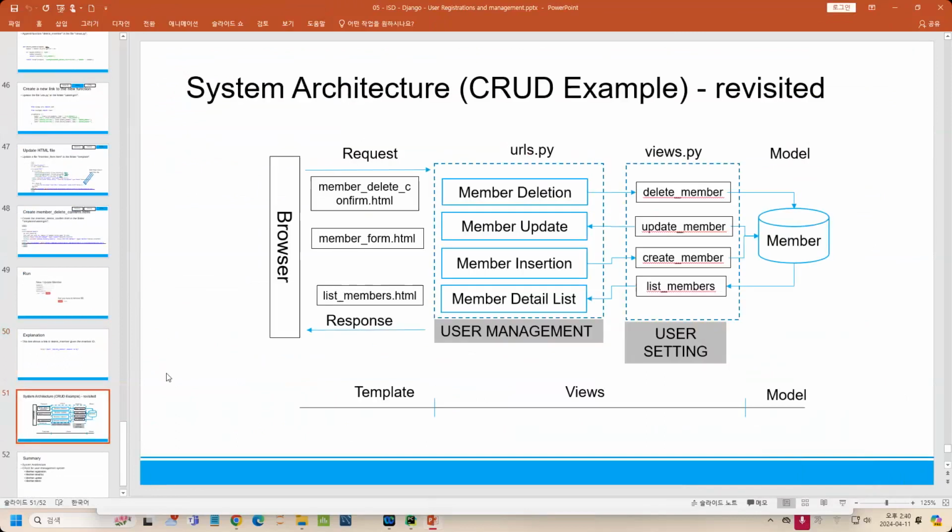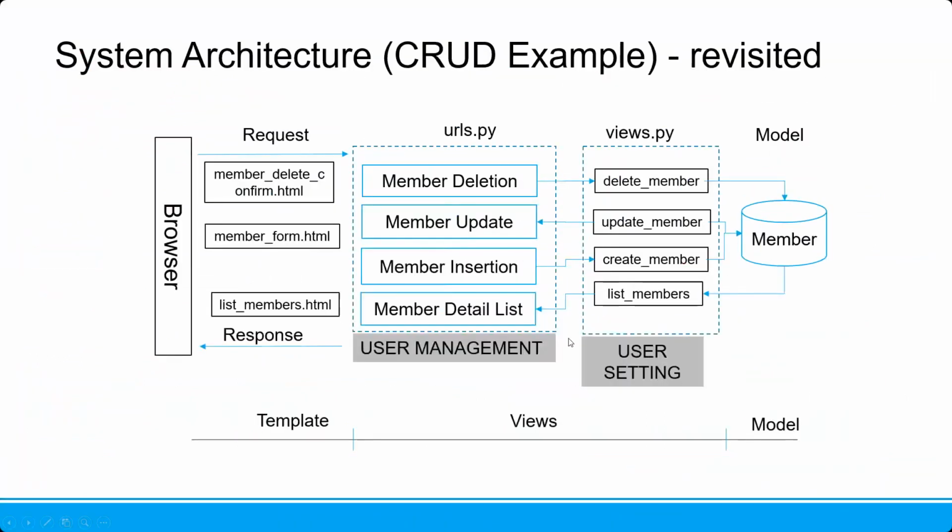So in summary, we can see that the system architecture is like this one. We have the database, the table is one, member. I'm not sure, later when you do the team project, how many classes you need to make.